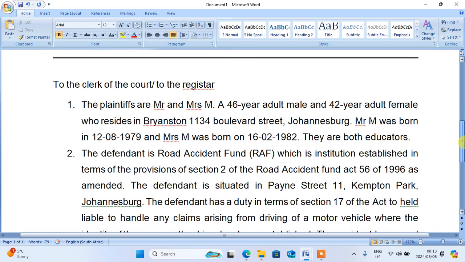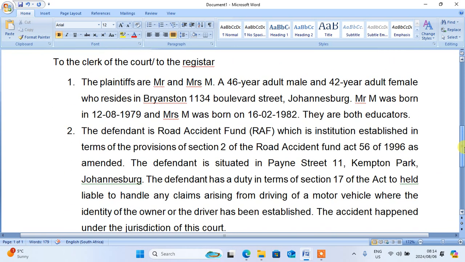Then we are coming to number two. Number two is that you have to write that the defendant is the Road Accident Fund, which is an institution established in terms of the provisions of Section 2 of the Road Accident Fund Act 56 of 1996 as amended. The defendant is situated at 11 Pine Street, Kempton Park, Johannesburg.